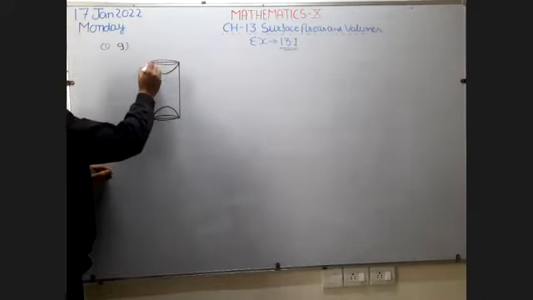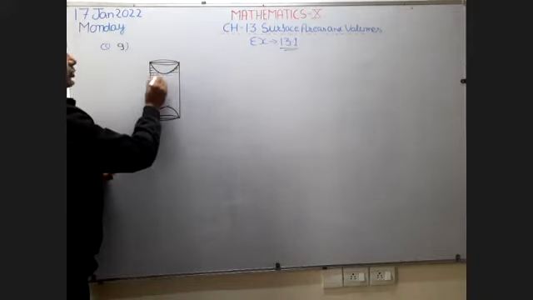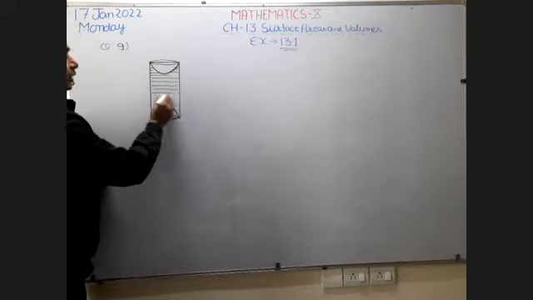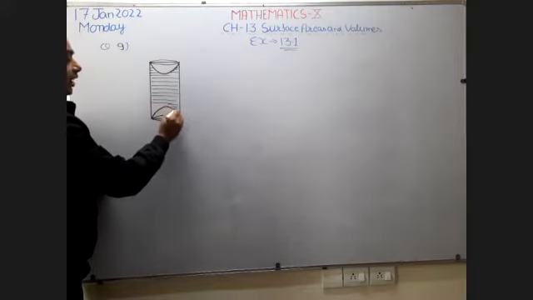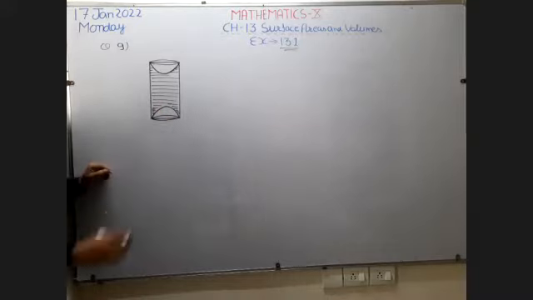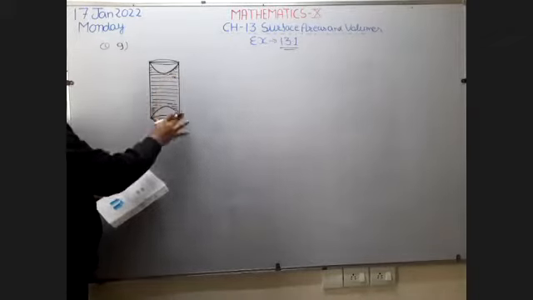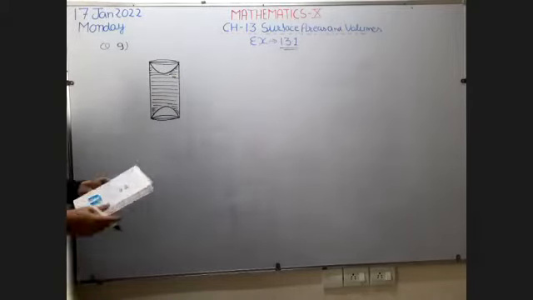So this is one cylinder. In this solid cylinder, we are going to remove these two hemispherical shapes from both the ends. So in this question, we want to find the surface area of the remaining solid. So check what is given.